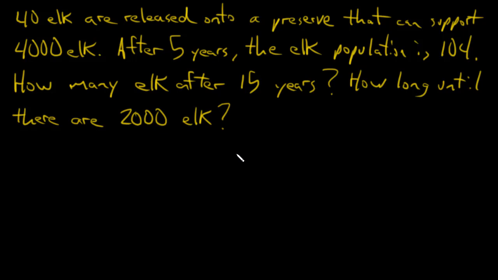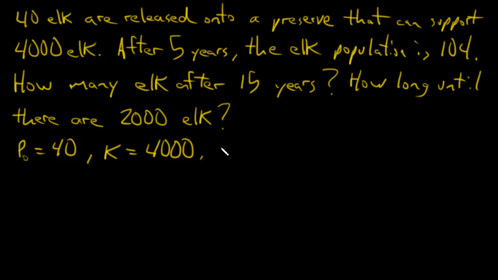Alright, so this is a two-parter. So first of all, let's take down all of our information. We've got P naught is going to equal 40. That's how many elk we have to start with. We have our K, which is our max pop. That's going to be 4,000. Anything else?